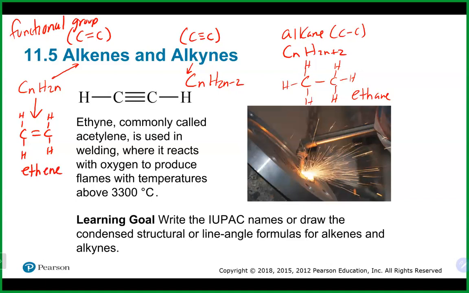It has 2 carbons, and 2 times 2 is 4 hydrogens. And then our triple bond version, which is right here, also has 2 carbons, so 2 times 2 is 4, minus 2 gives us just 2 hydrogens. So this is ethyne, Y-N-E.